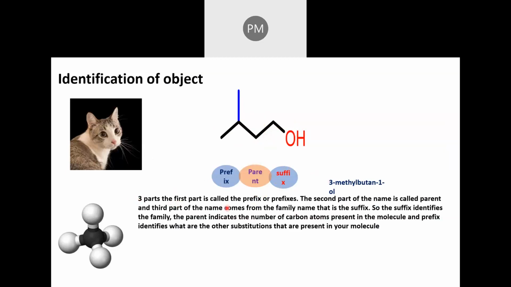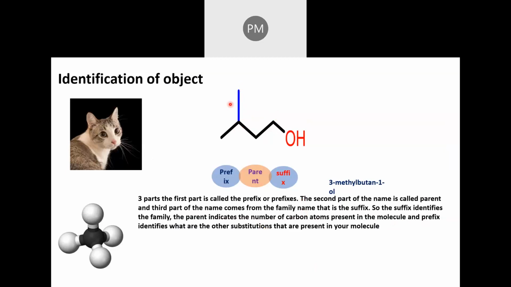So three parts: the first is called the prefix, the second is called the parent, and the third comes from which family or what functional group is present. The suffix identifies the molecule's family. The parent indicates the number of carbon atoms present in the molecule. And the prefix identifies what other substituents are present.